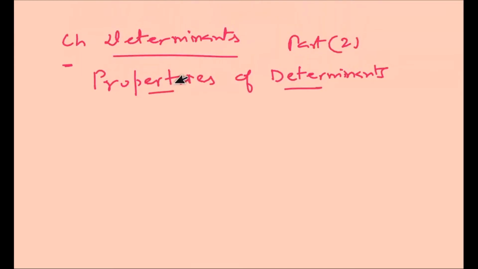Okay students, now why do we discuss these properties? When we evaluate the determinant, we use the cofactors, isn't it? So that solution is too long. If we want to evaluate the determinant in an easier way, we have to learn some properties.